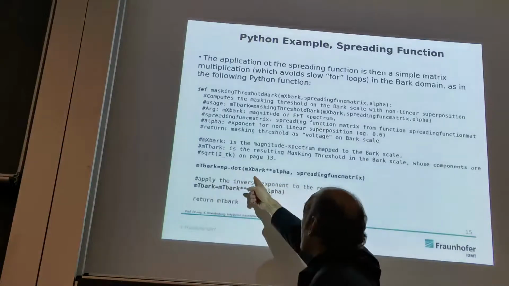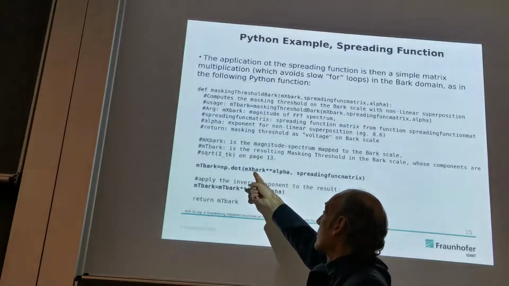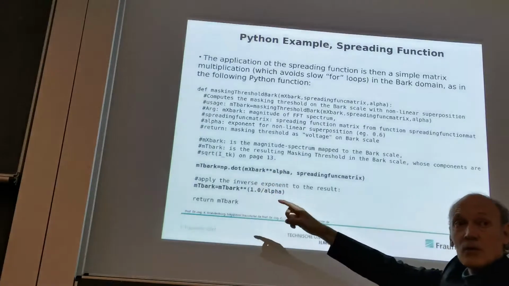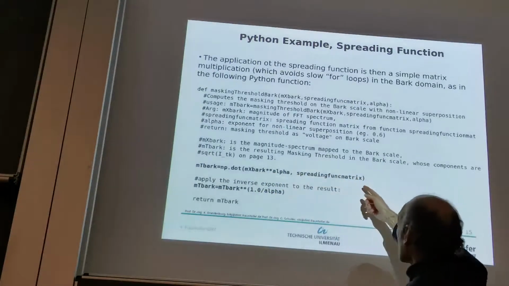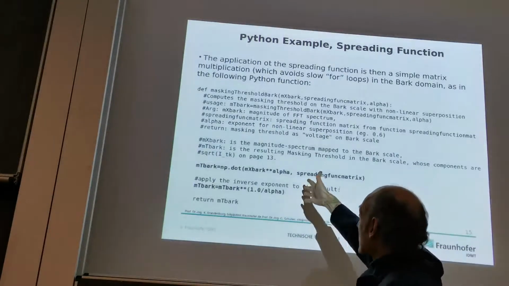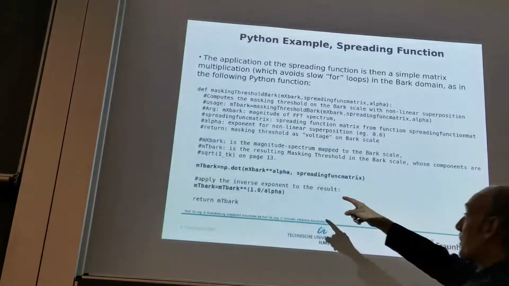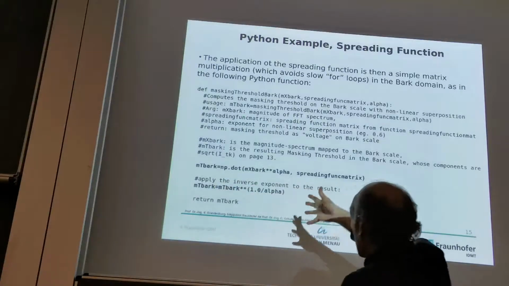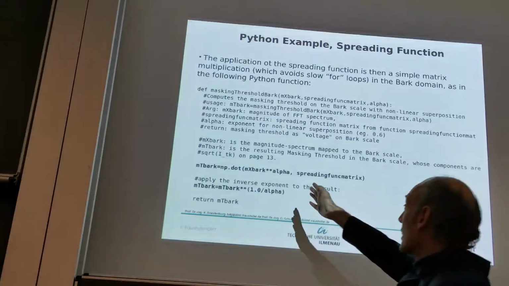Here I have mx bar, the magnitude of the signal in the Barbed domain, exponentiated with alpha, like in our nonlinear superposition, and multiplied with our spreading function matrix. Remember, the spreading function matrix had shifted spreading functions in each column. And here we have a column vector.